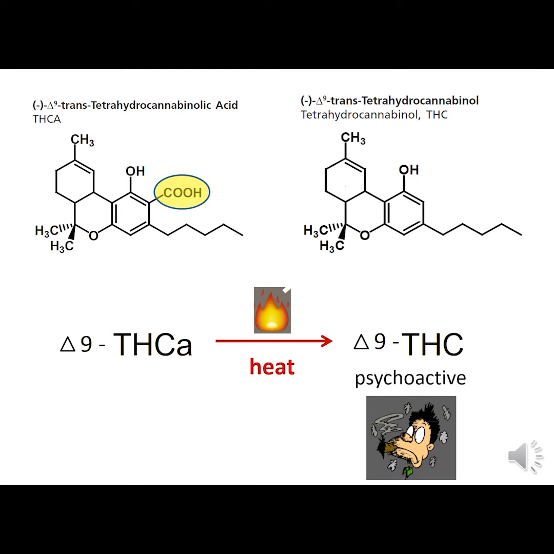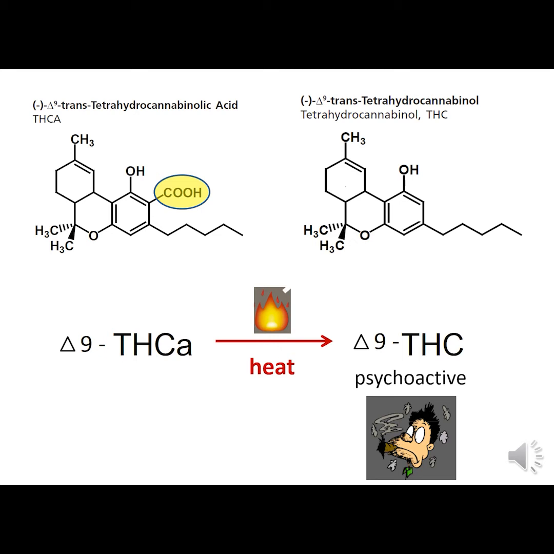Well, the form of THC that gets people high is the neutral form, the one on the right. And when cannabis is heated by smoking or baking it, the THCA loses the acid group to form the THC on the right.